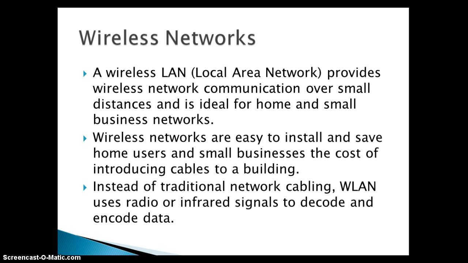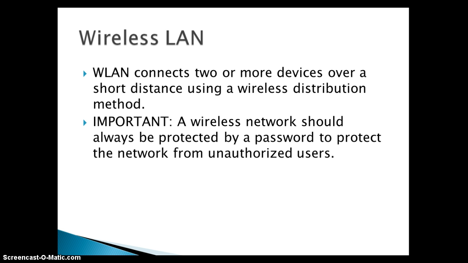Instead of traditional network cabling, wireless LAN connections use radio or infrared signals to decode and encode data. Wireless LAN connections connect 2 or more devices over a short distance, for example an office, using a wireless distribution method. It is really important to use a password to protect your wireless network from unauthorized users.